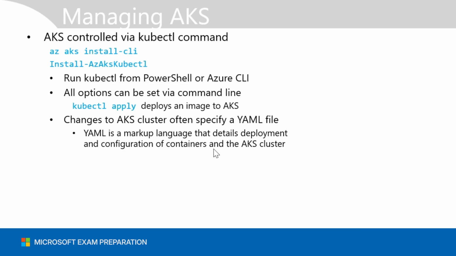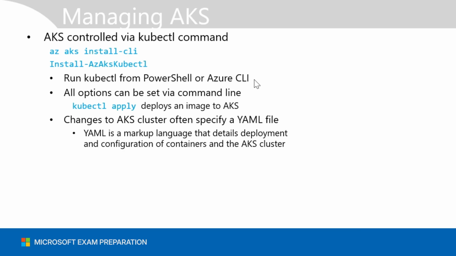The first thing you would need to do if you were going to use that command is install it. So here are the Azure CLI and the PowerShell commands for installing kubectl: az aks install-cli, and the PowerShell command is Install-AzAksKubectl. And then after that, you could run that command from PowerShell or the Azure CLI as needed.